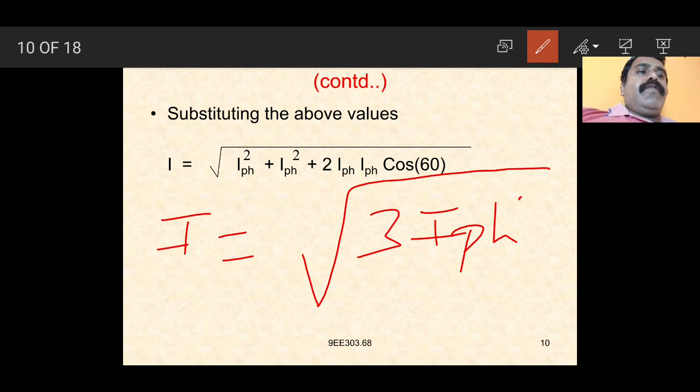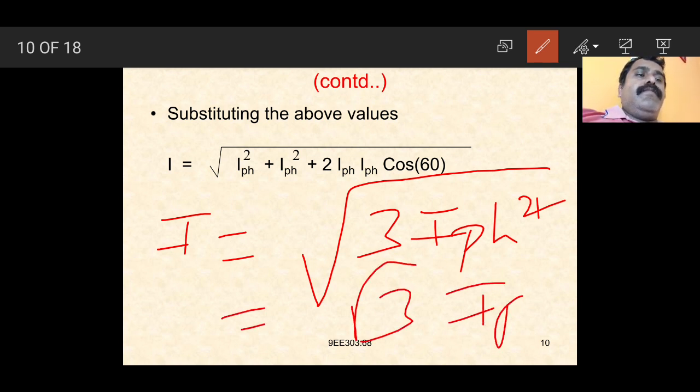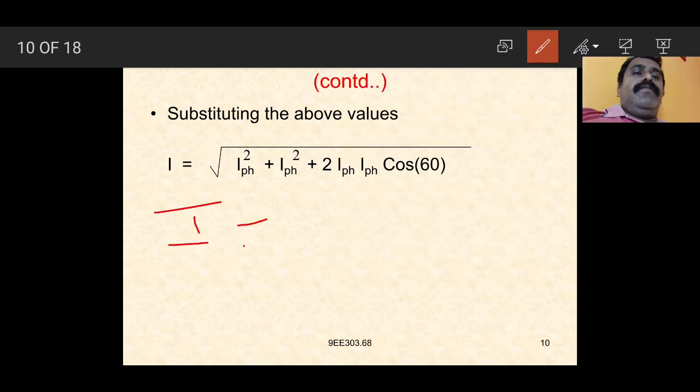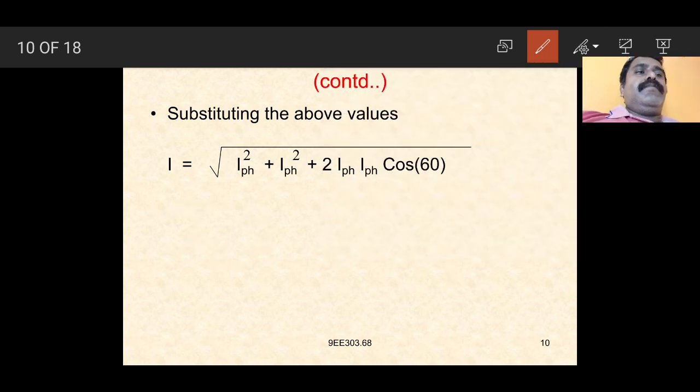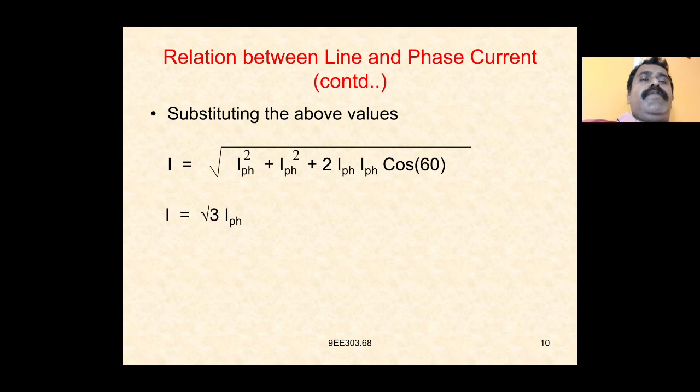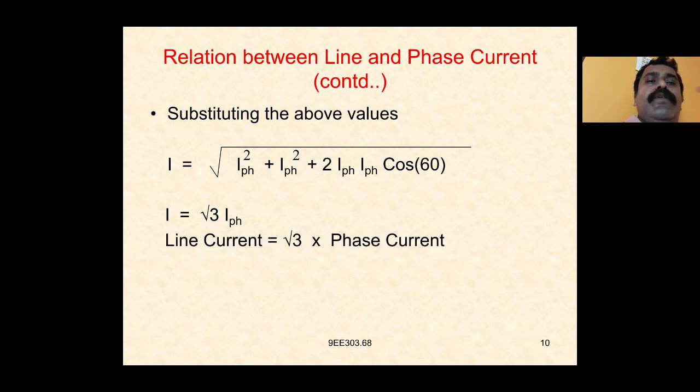So we can express this as root 3 I phase. So that is I is equal to IL is equal to root 3 of I phase. So line current is equal to root 3 of phase current.